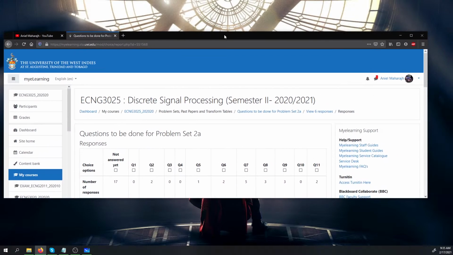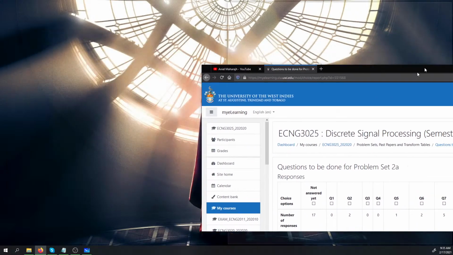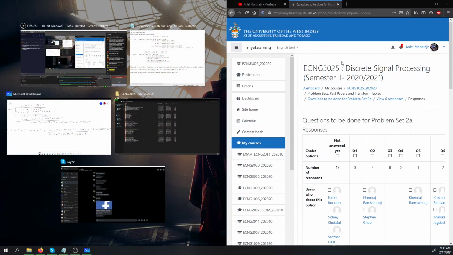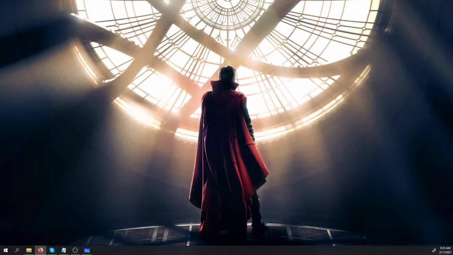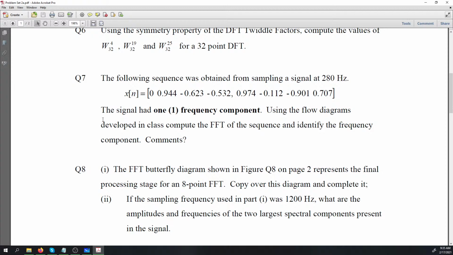Alright, so from the responses that we obtained for problem set 2A, the questions that we're going to be doing today are going to be questions 7, 8, and 9, which gathered the highest amount of responses. Alright, so let's bring up our problem set 2A. We'll do 7, 8, and 9.